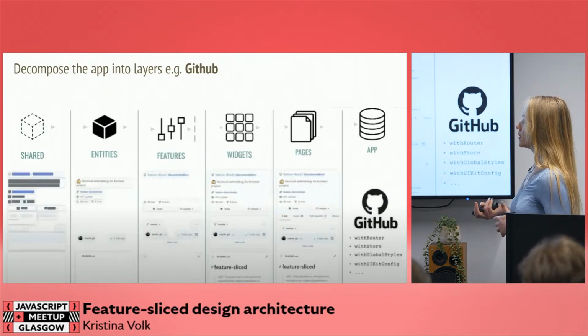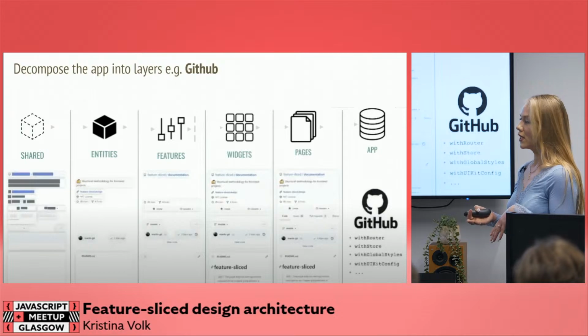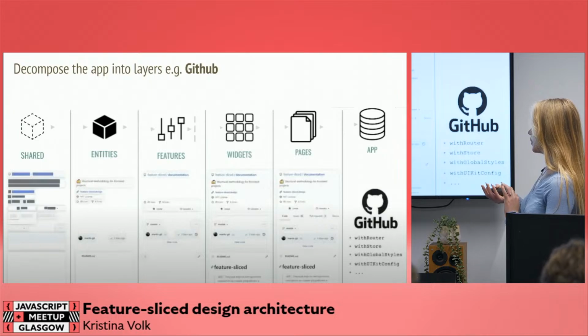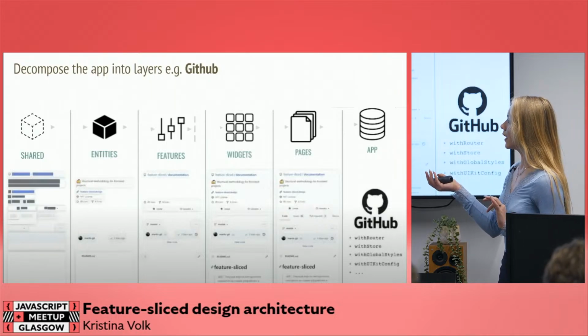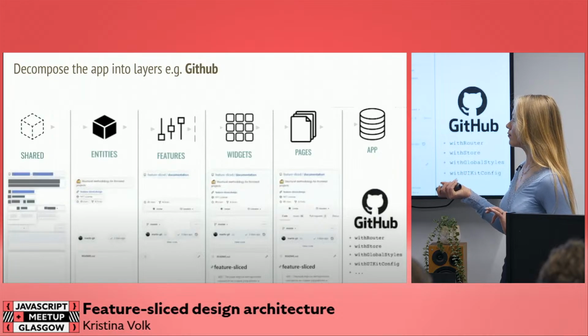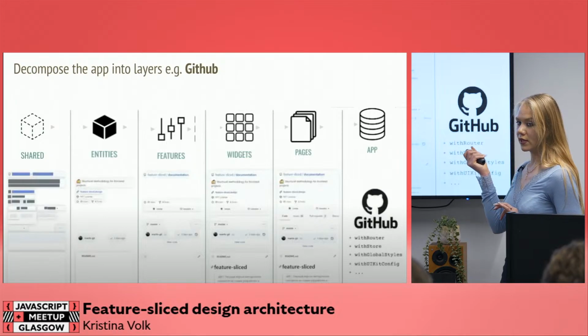So it's strictly prohibited to use something from the same slice, from the same layer. So for example, shared, any modules from shared cannot use anything which is located above it. Entities, they can use only stuff from shared, but they cannot import anything from the layers above.